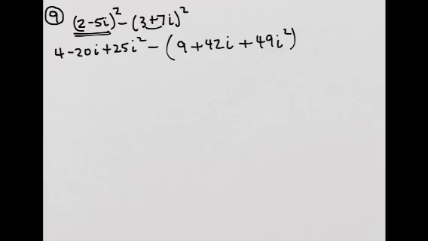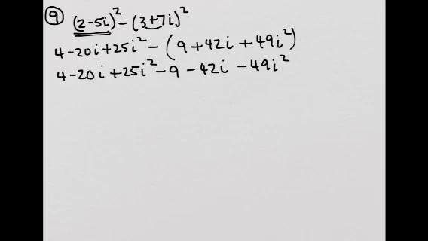Okay, let me just go ahead and bring this down. There's several ways of simplifying this. I'm just going to distribute the negative first, like this. Okay, so I know that this is actually negative 25. And this is positive 49.